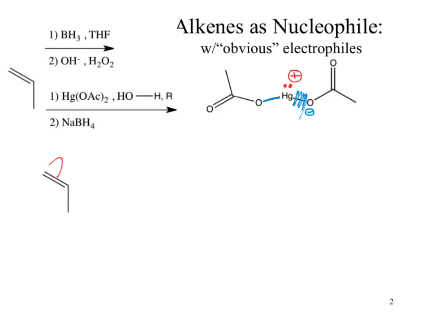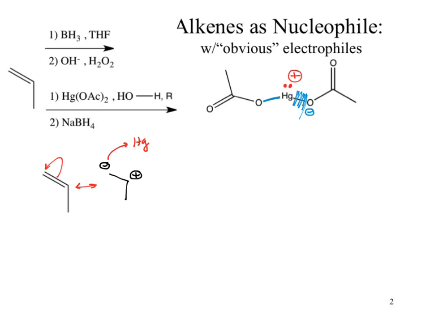We draw a resonance structure. What does our resonance structure show? We have a negative and positive on our alkene. So what can end up happening? We'll take the negative from our alkene and have it attack that positive mercury.